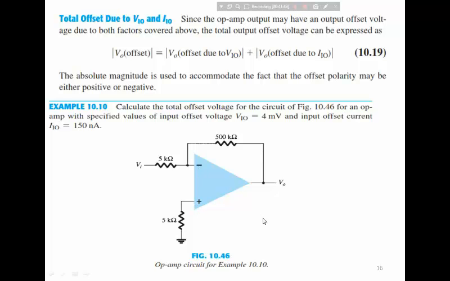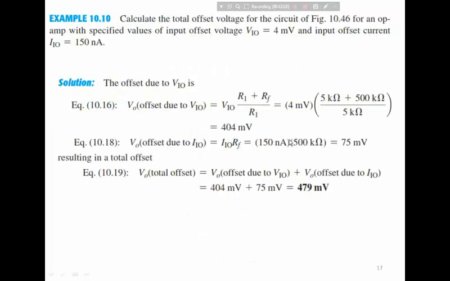And you can use this relationship to find out the total offset voltage due to these two input DC parameters. So let's take an example that calculates the total offset voltage for the circuit shown in figure for an op-amp with specified values of input offset voltage of 4 millivolt and input offset current of 150 nanoamperes. With the input equal to 0, what will be the output due to these input parameters?